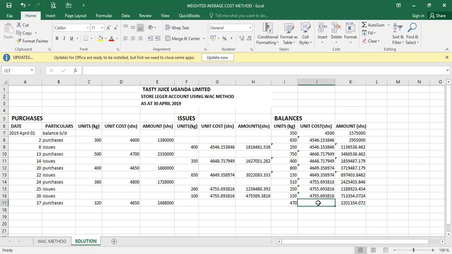So we compute the average unit cost, which will be the cost divided by the number of units. Then we go to the next transaction.